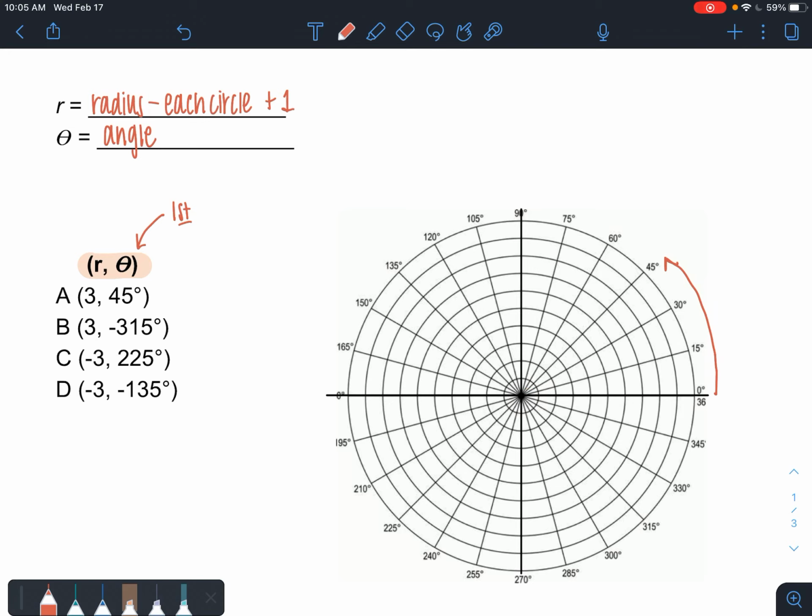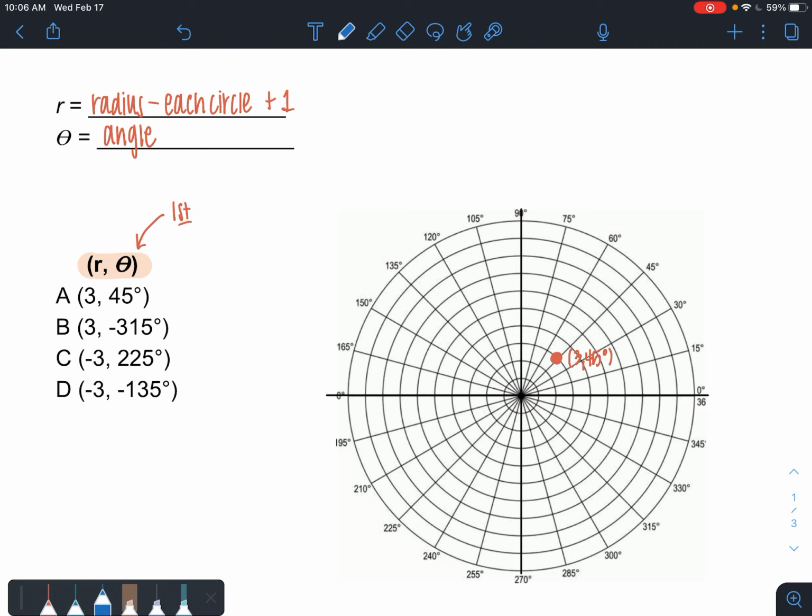From the center, I wouldn't draw all these lines, I'm just drawing them for visual effect. I'm going to go out to 3, so 1, 2, 3, and that point right there is my graph. I'm going to erase all this other stuff. This right here is the point 345.